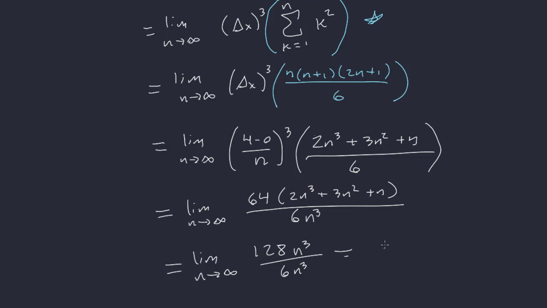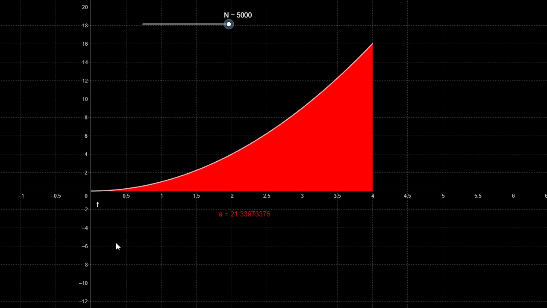So this limit ends up being 128 over 6, which, lo and behold, ends up being 21.3 repeating, which does line up with what we found here when we went out to 5,000 rectangles. We got 21.339. We're still off by a bit, but the real answer is 21.3 repeating forever.